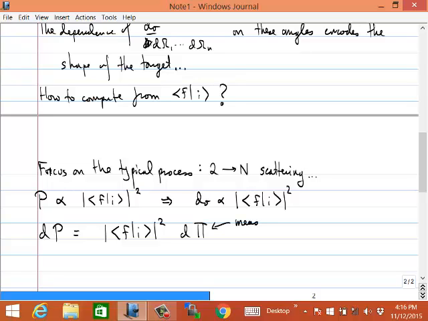And this is a measure on the space of final momenta, which we can call p_i. I don't remember if I called them p's or q's last time, so we'll call them p_i's here. So i here runs from 1 up to the total number of particles in the final state. Okay, I guess I call that capital N.